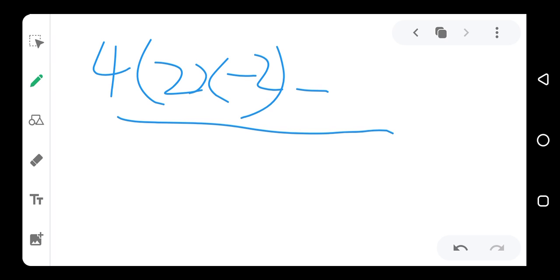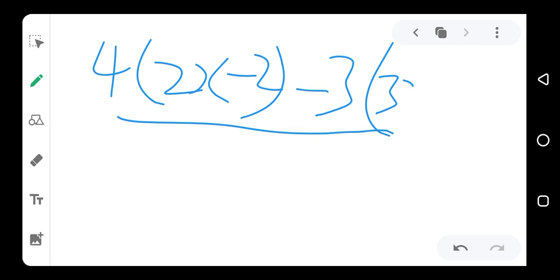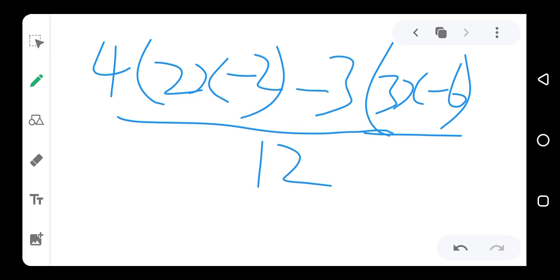Then minus 12 divided by 4 will give us 3, and then 3, we use it and multiply the other term, which is 3 brackets 3x minus 6. Then remember that we are dividing everything by 12, so the common denominator is 12. Now everything is greater than or equal to 1.